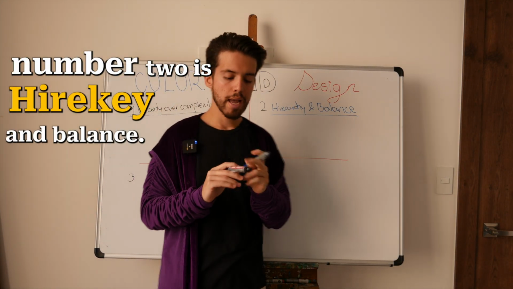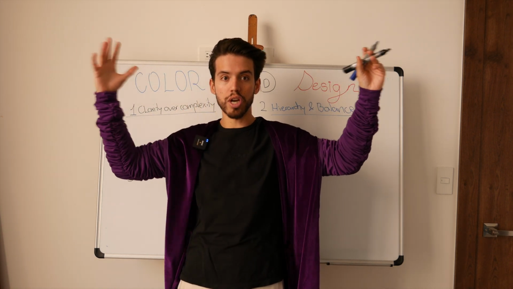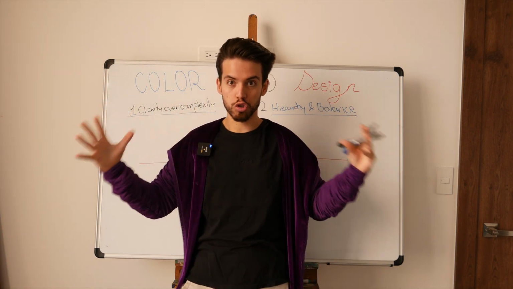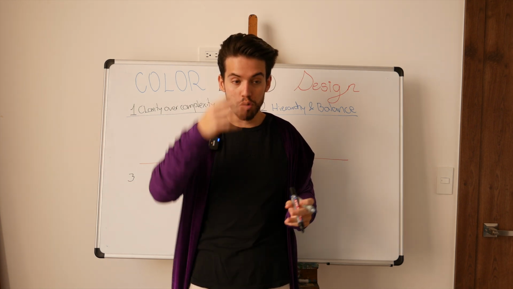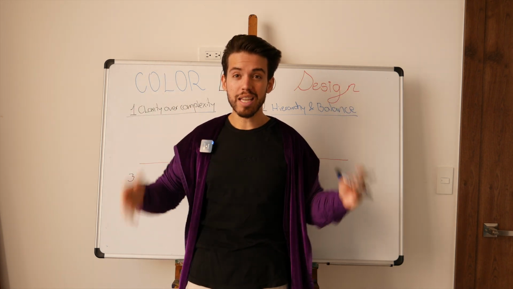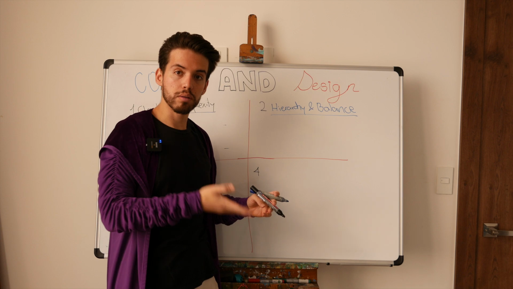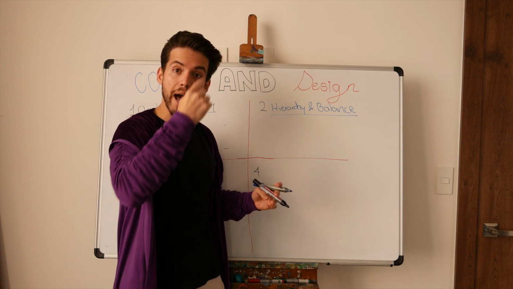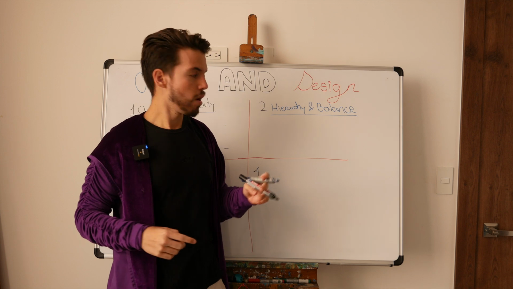hierarchy and balance. And this is super important because if you have a title that's giant, but then the text is also giant, but then the last little piece is a little thing, you might not get what you want. If you have everything at the same size, for example this post, you don't know what's the title, the subtitle, you don't know how your eye should go because your eye is going to all the other places, right?